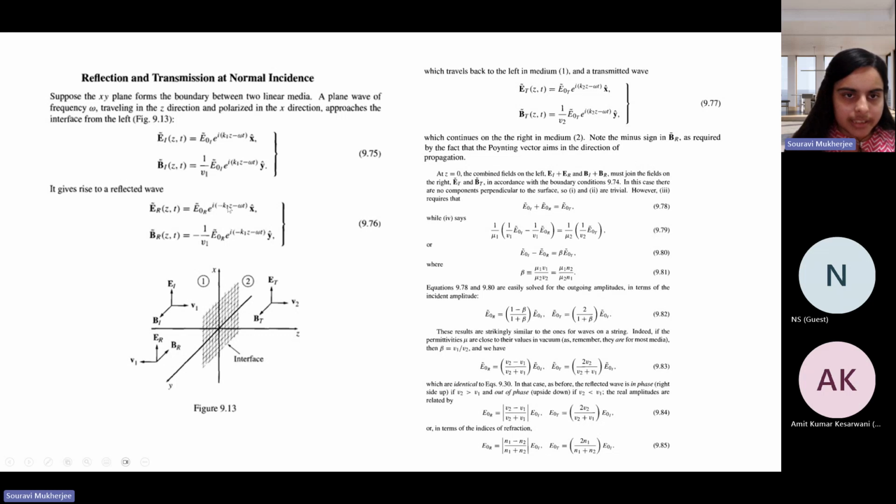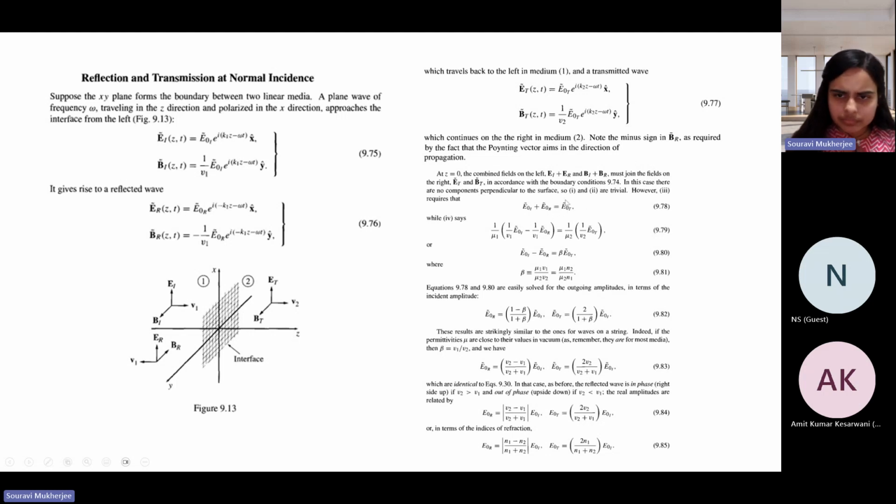And it's important to note that here the wave vectors are all k1 because you are in the same region, right? The medium is the same here. But on this side, the medium is different. So now your wave vector changes to k2. Then you apply the boundary conditions, which tell us that at the interface, your electric field components should be continuous.